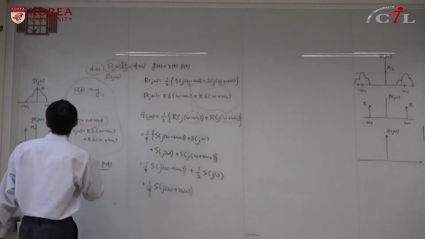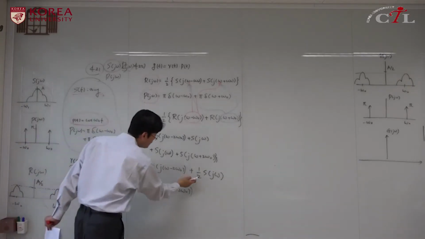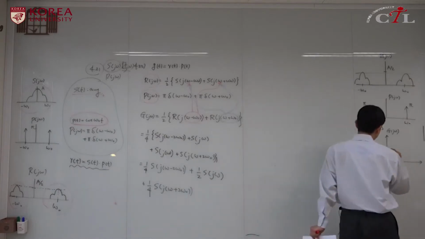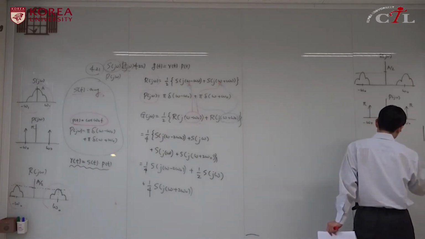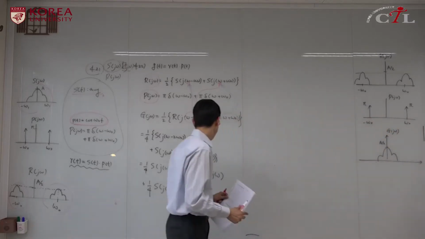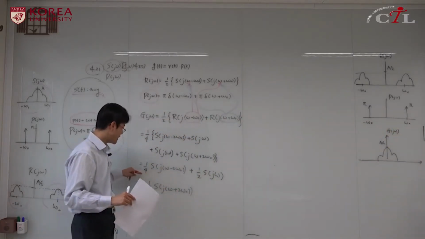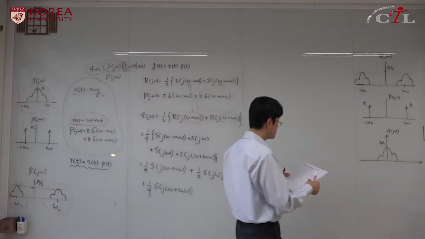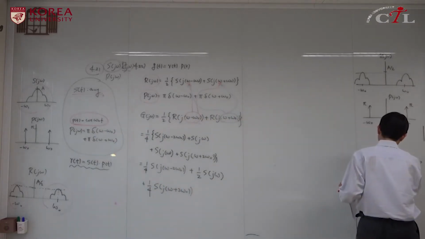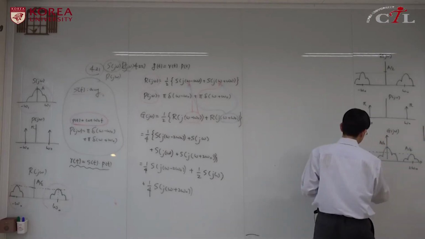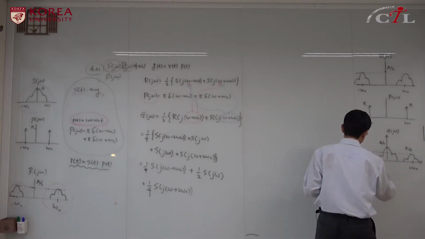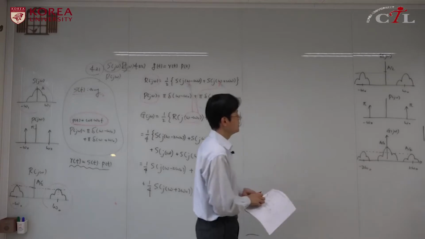So, it's A, then it's half A. And there's the original signal. And this shifted by 2ω0, and it's 1 by 4th. So, it's a little bit smaller, and shifted by 2ω0. And similarly, minus 2ω0. Okay, it will look like this.